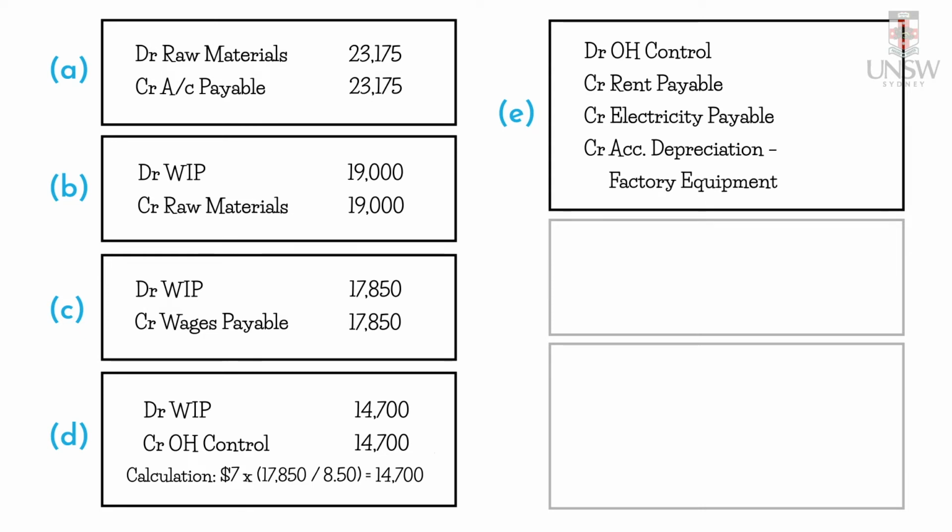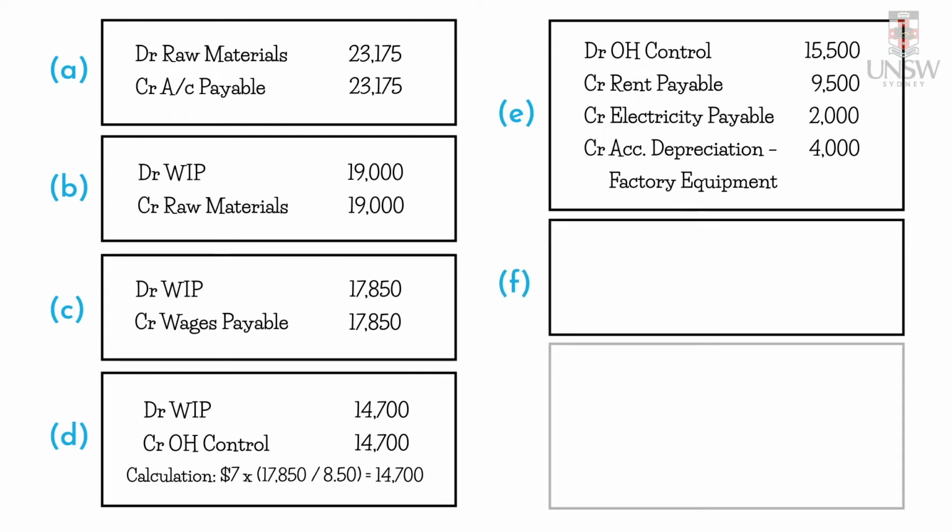The amount that we debit to overhead control is the sum of all of those actual overheads, $15,500. What we can then do is reconcile later on the actual and applied overhead and determine if there's been any variance.